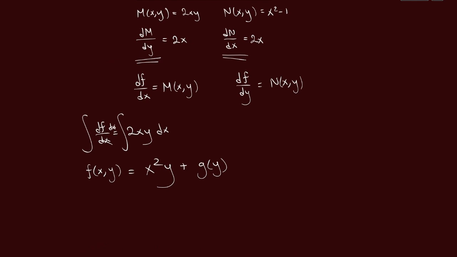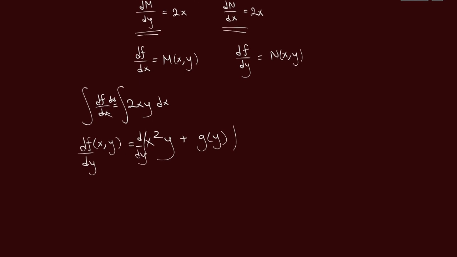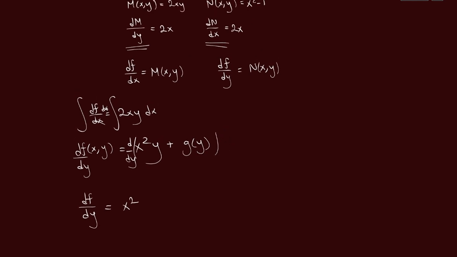Now the next thing we're going to do is differentiate this whole thing again, but with respect to y instead. So we'll just rewrite it as ∂f/∂y. This should be equal to x squared plus g derivative of y.